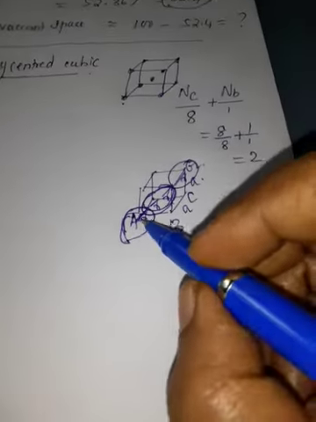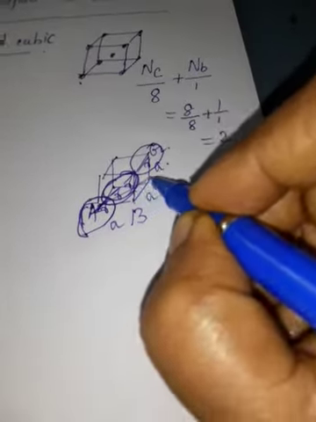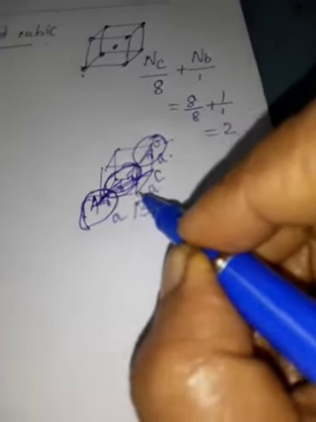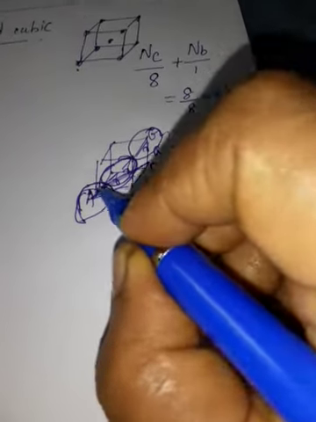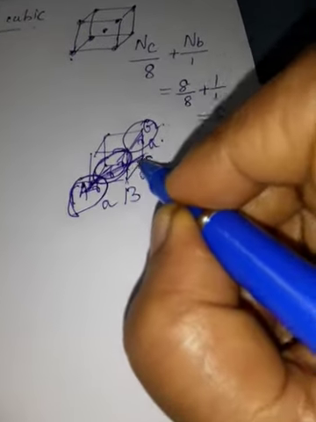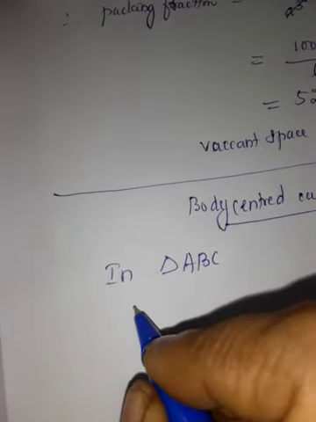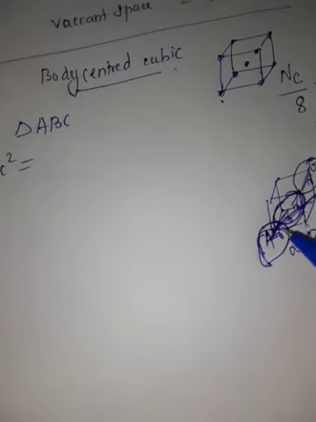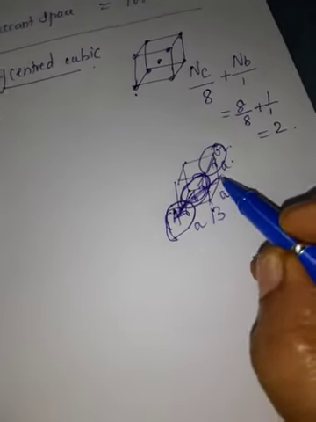So first, in triangle ABC, AC is the hypotenuse, the large distance. So we can write in triangle ABC, AC square is equal to AB square plus BC square.